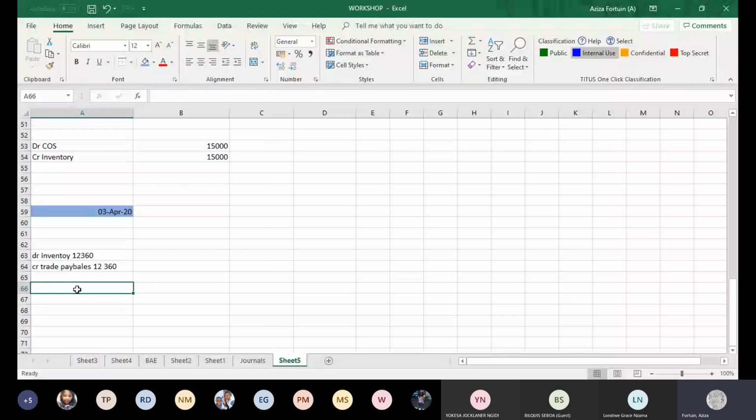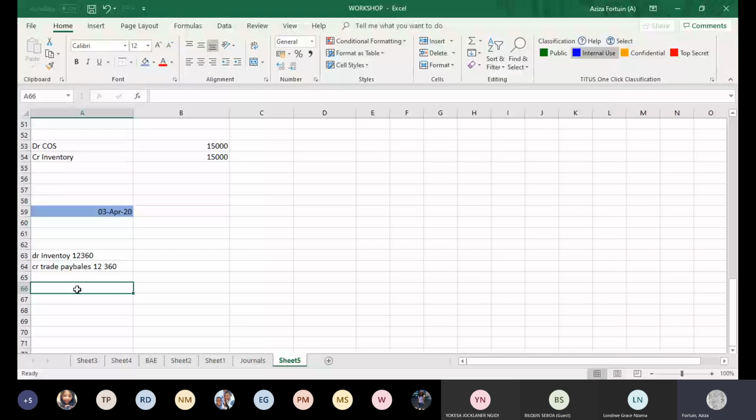But when you transfer that to production, you debit your WIP account and credit your material account. Are you all with me? When we purchase our inventory, we debit our inventory account. When we issue to production, we credit our inventory account. Then we debit our work in process account.